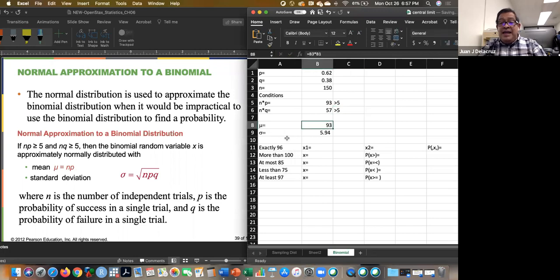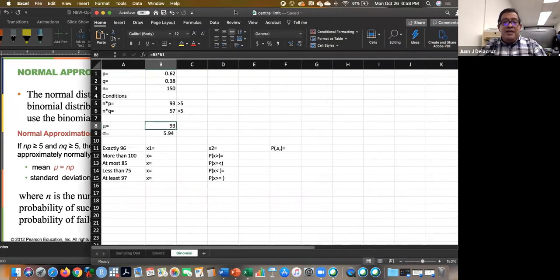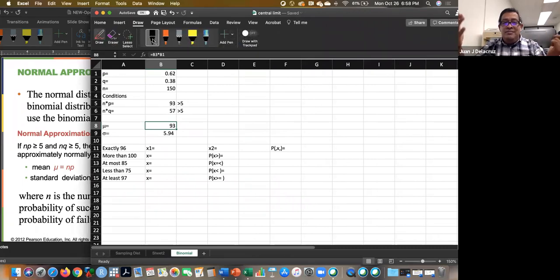I multiply n times p, that's my mean, and I computed the standard deviation as the square root of n times p times q. So what do we have here? Basically, I can approximate this to the normal. I don't have to draw the binomial because I don't need it.